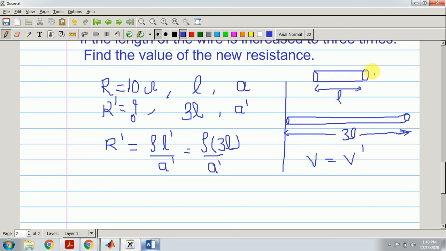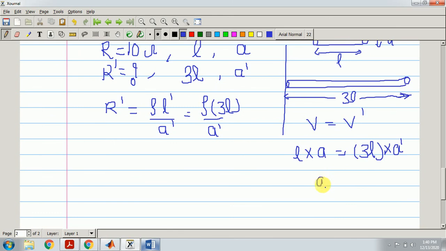Now for that volume, the area is small a, so I can write length into area, and here the modified value of length is 3L and area is A dash. With that I can find the relation with the previous area. So A dash will be 1 by 3 times the previous area.